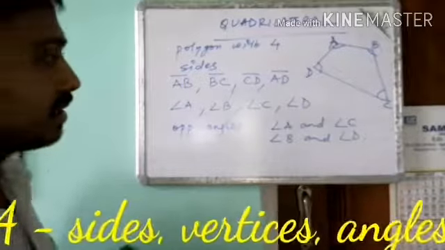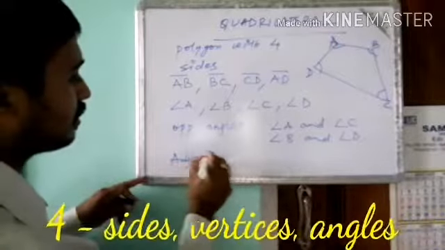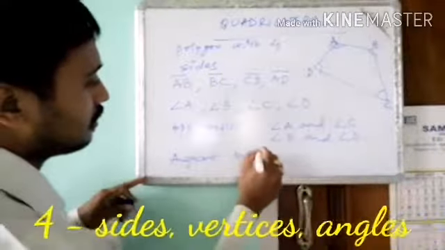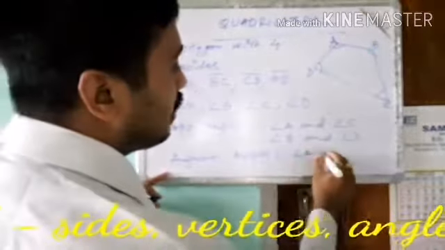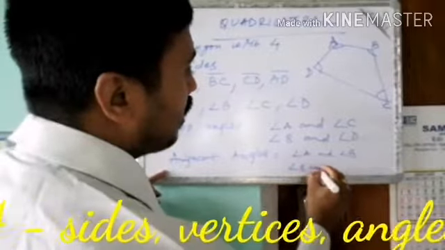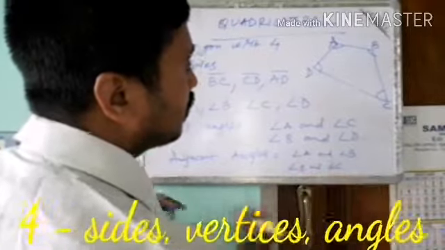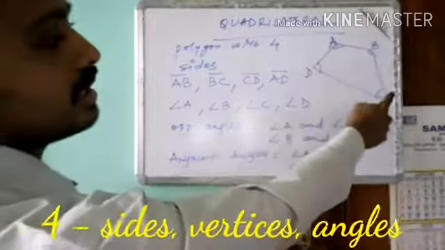Now adjacent angles. A is adjacent to B. Angle B and C. Okay. A is adjacent to B. B is adjacent to C. C is adjacent to D.